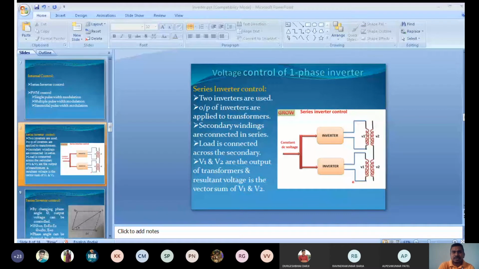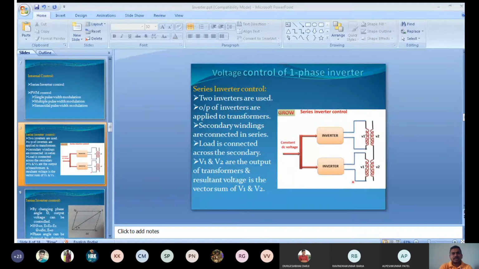So this is the pulse width modulation control, also known as the PWM method or PWM control.